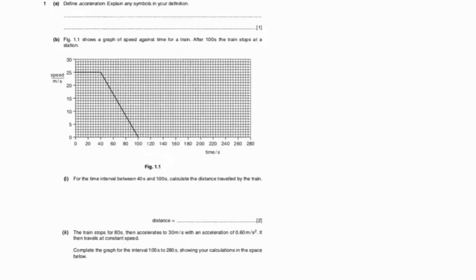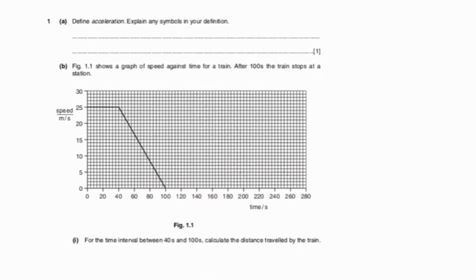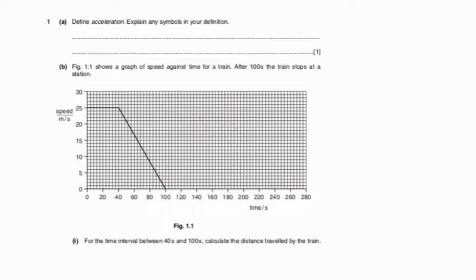So here they have asked in this question, define acceleration. It is a very simple answer. Rate of change of velocity. We can use any symbol also. So acceleration is the difference between v and u, final velocity and initial velocity.